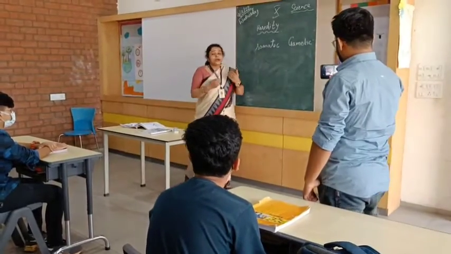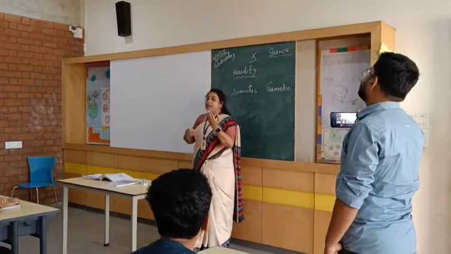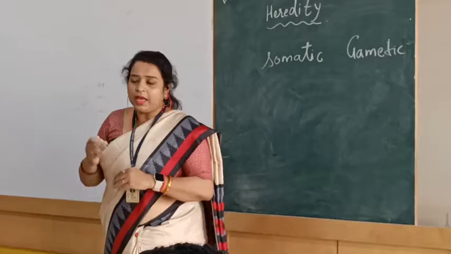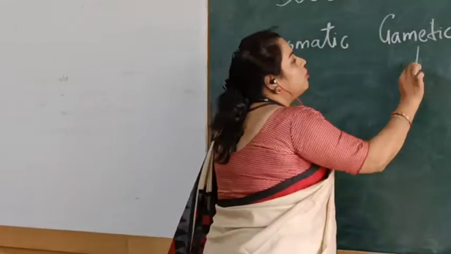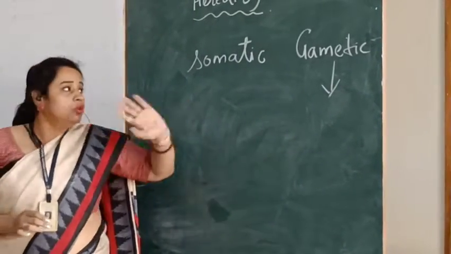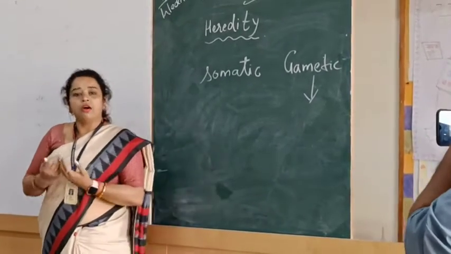Now, we were talking about sexual reproduction, where the male and female have recombination of genes and a new offspring is formed, and that is only the recombination of gametic cells. No somatic cell is involved in the formation of the offspring.